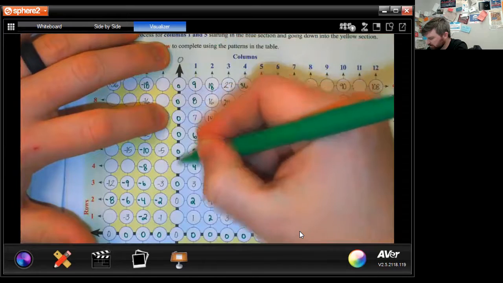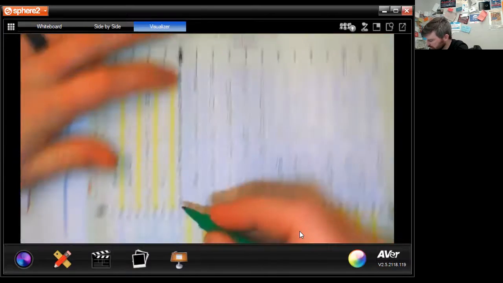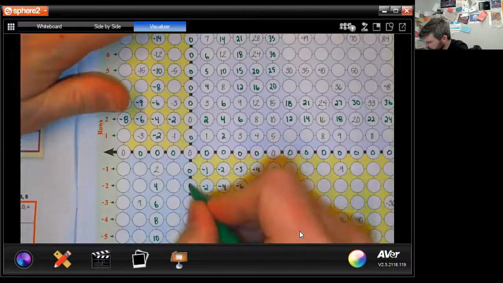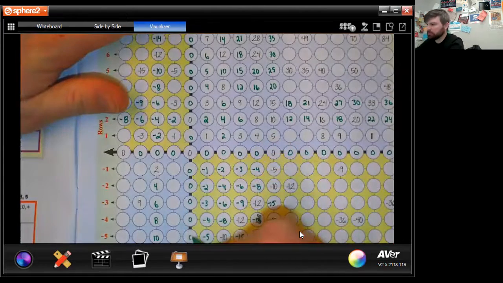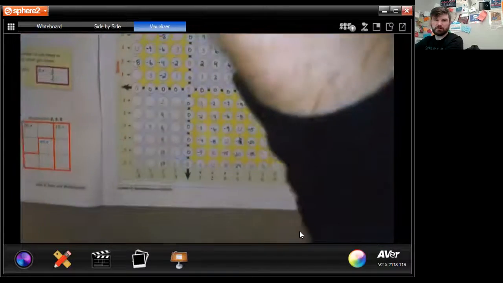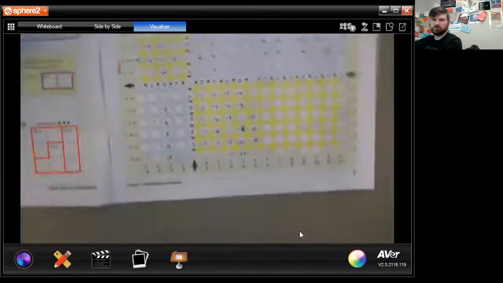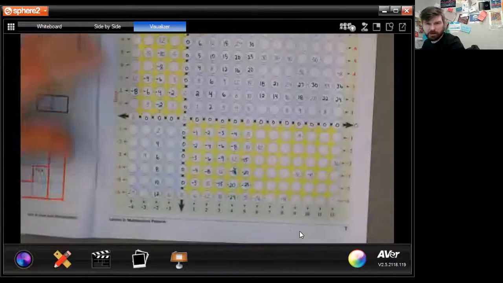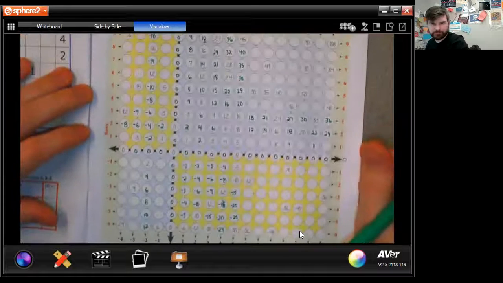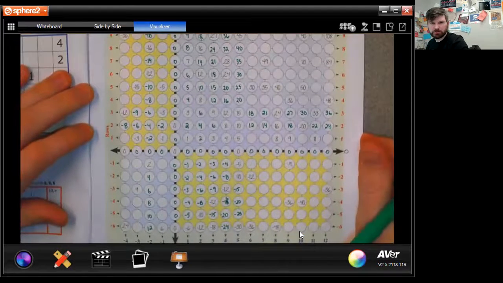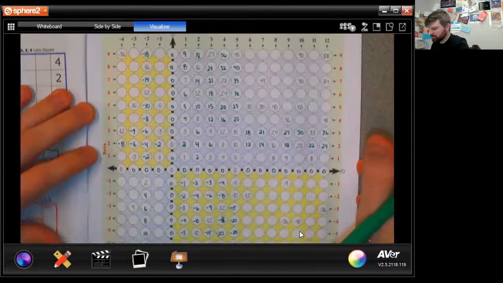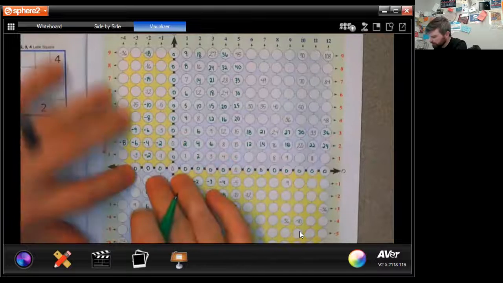So we'll fill all of these in with 0. I'm going to lift my camera up a little bit, so hopefully I can get the whole graph in here. I'm pretty close.